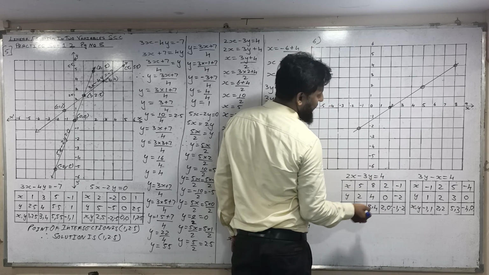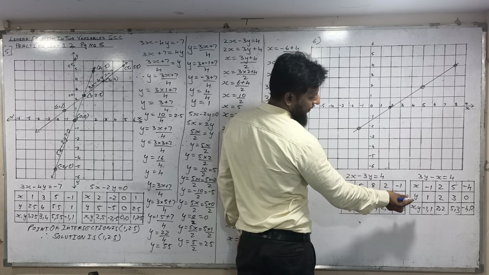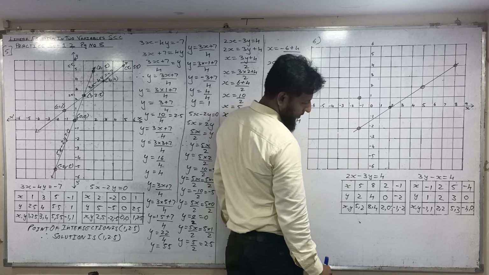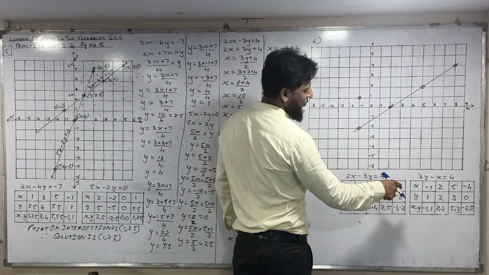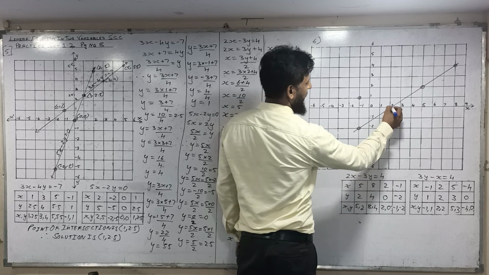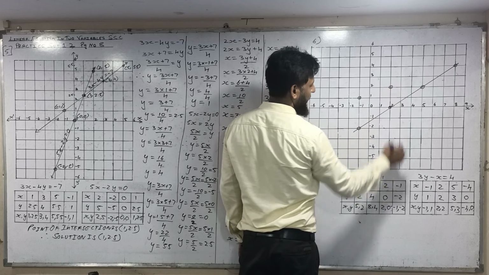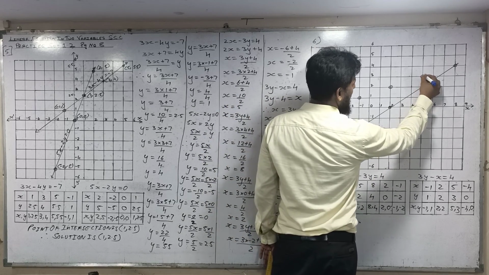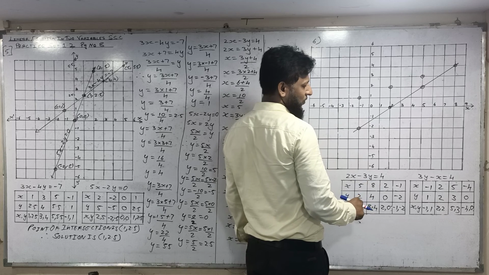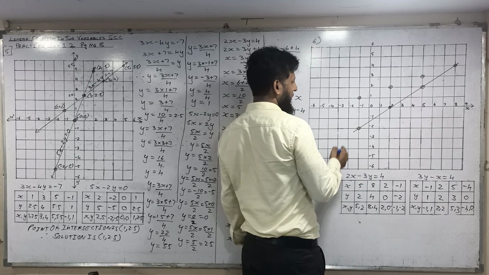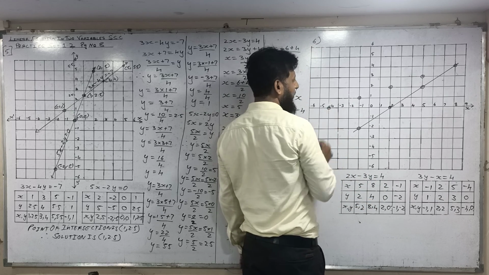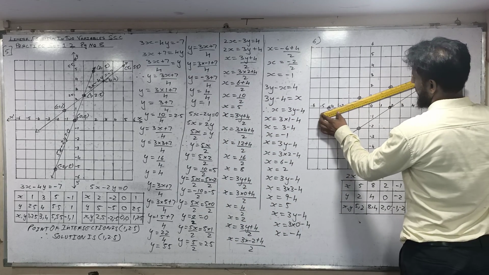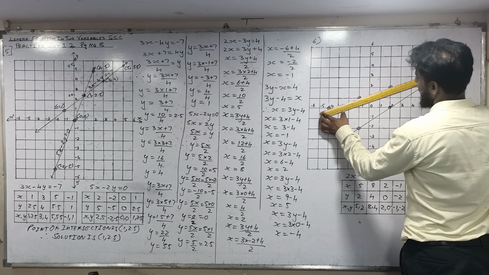Now for x minus 1 and y plus 1: this point x value 2, y value 2. This point x value 5, y value 3. This point x value minus 4, directly on the axis. Now we arrange these 4 points.